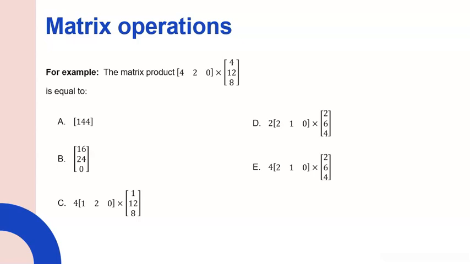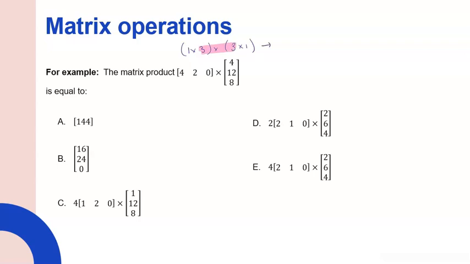So remember, if we check our rows and columns, the first matrix here is a 1 by 3. It's got 1 row and 3 columns. And we're multiplying that by a 3 by 1 matrix. So firstly, yes, it's defined because the middle values, the rows and the columns, are equal.